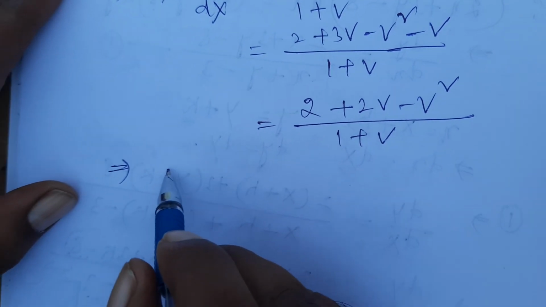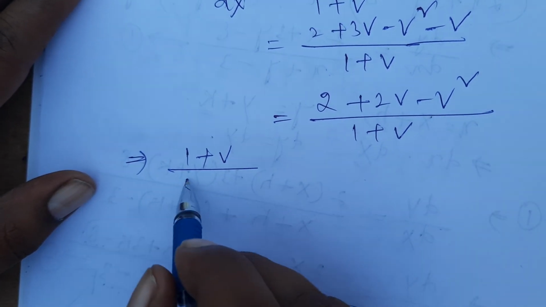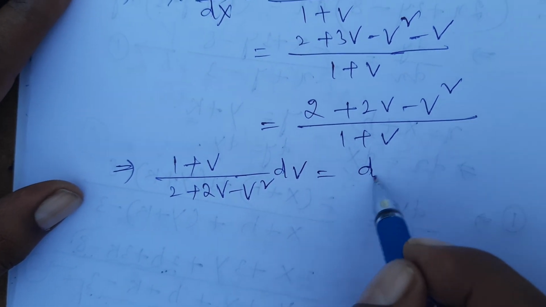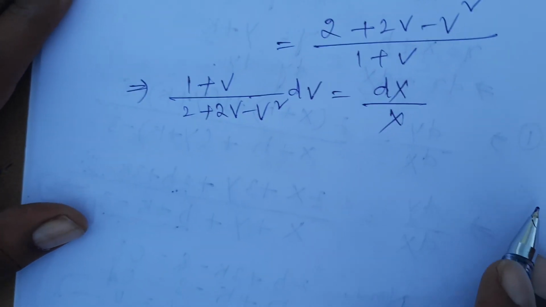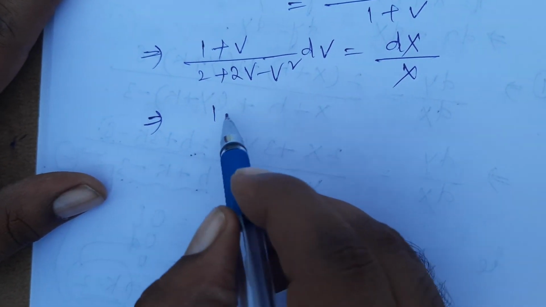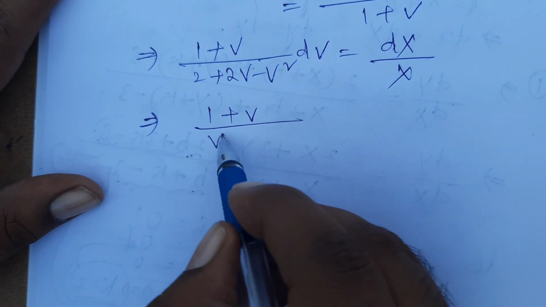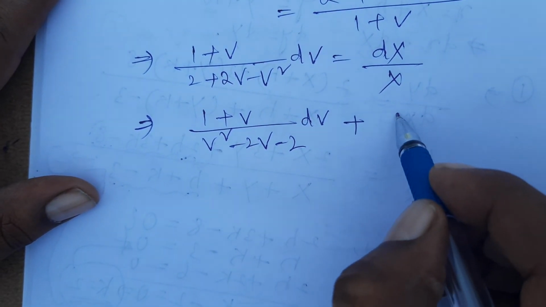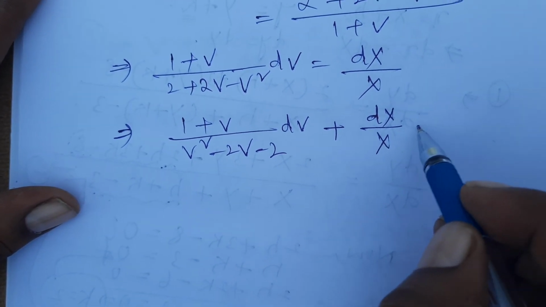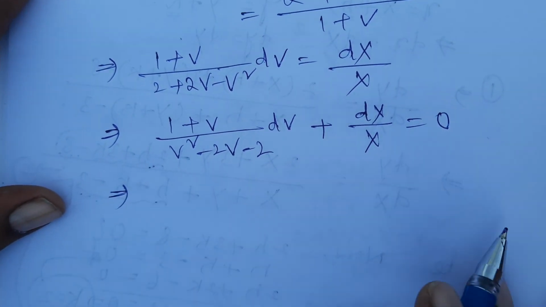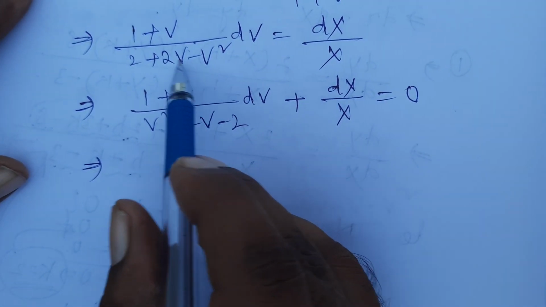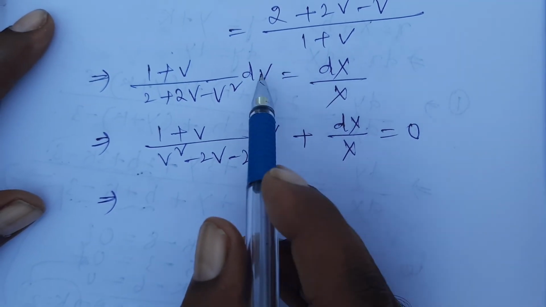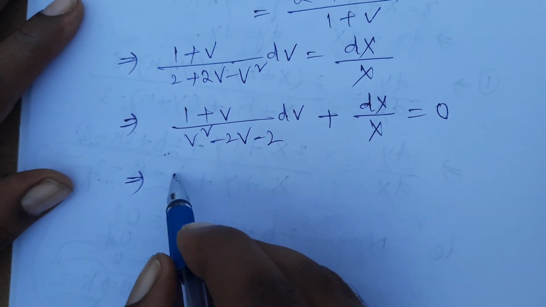Now separate the variables. (1 + v)/(2 + 2v minus v square) dv = dX/X. Now I can simplify this to (1 + v)/(v square minus 2v minus 2) dv + dx/x = 0. Taking the common minus and bringing it to this side, then apply integration.